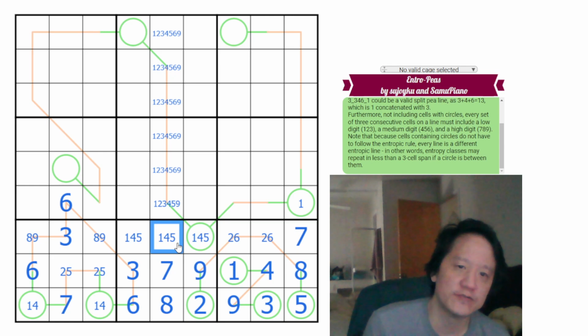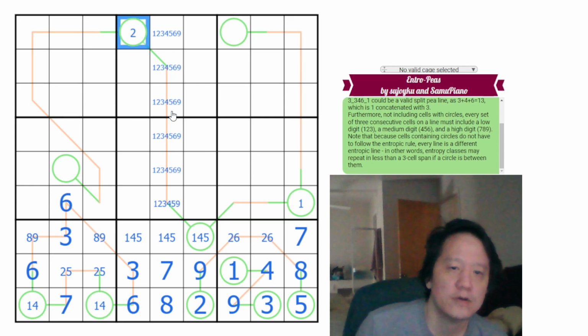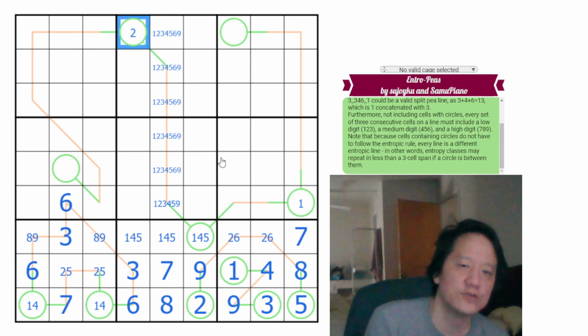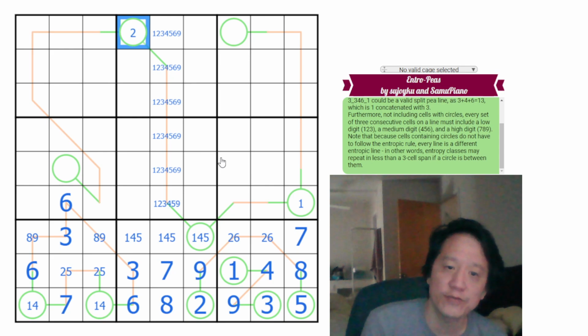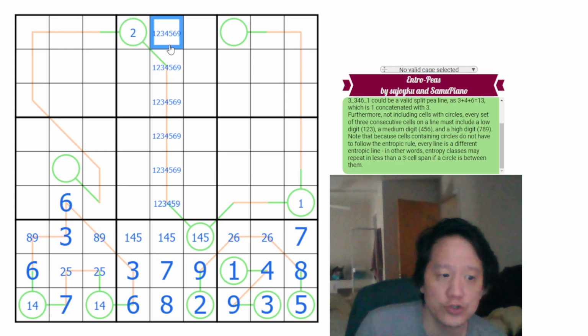What about 3, 5, 6, 9? So 2, 3, 5, 6, 9 is 10 plus 15, which is 25. So that's possible. So that would have to be 25. 1, 3, 5, 6, 9 is not possible because this would then have to be 2.